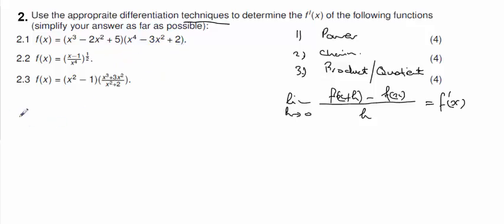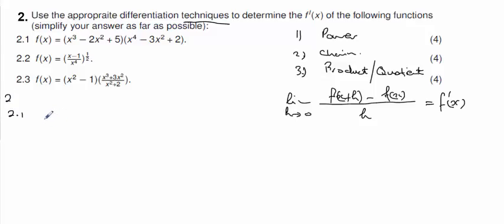So let's take number 2.1. Please, when you're compiling the solutions in your assignment, you really need to write this question. You don't need to announce what you're supposed to do there, but you can write 2 and then 2.1.